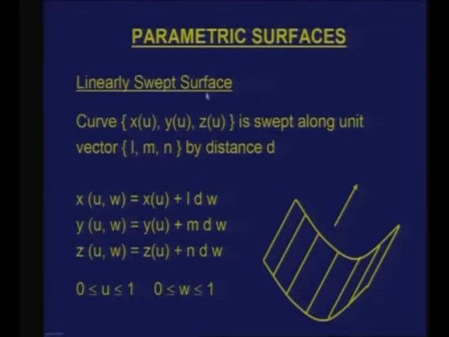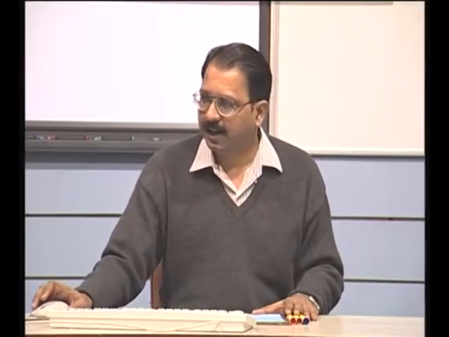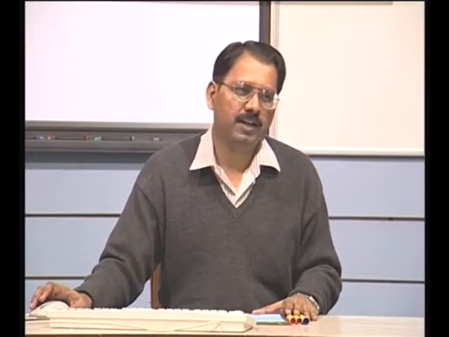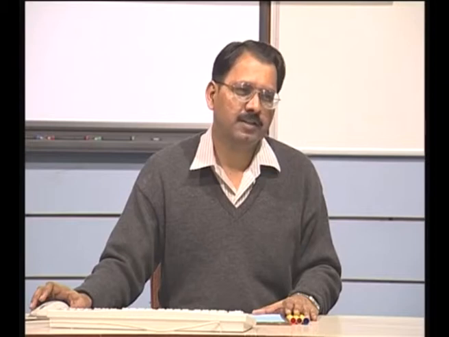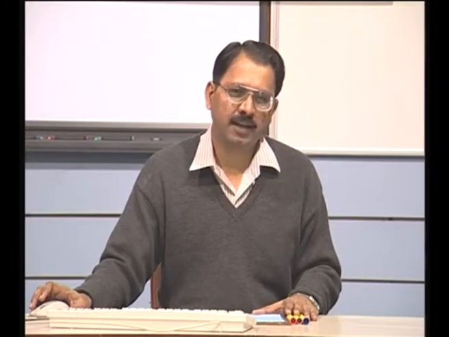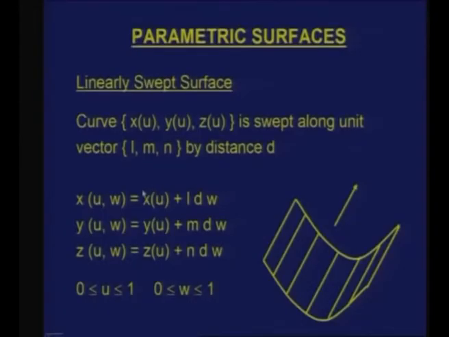Now, in a linearly swept surface, we are trying to give a mathematical definition. So far we were seeing only conceptually, like I have a curve. So, input to a linearly swept surface is a curve. What is this curve? This is a generatrix curve which is swept, and the directrix curve is a straight line.